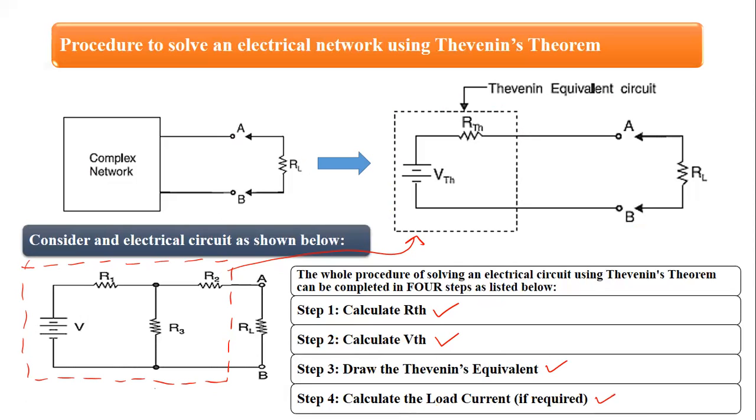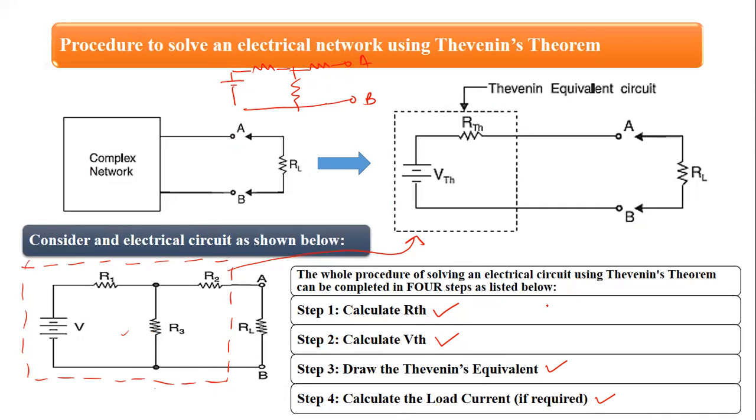Now, why I am saying if required, for example, in this circuit here, I may be given a circuit like this. So the load terminals are already open. So if the load terminals are already open, we cannot have the current in the load branch, right?